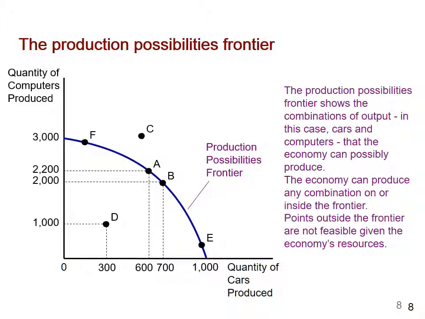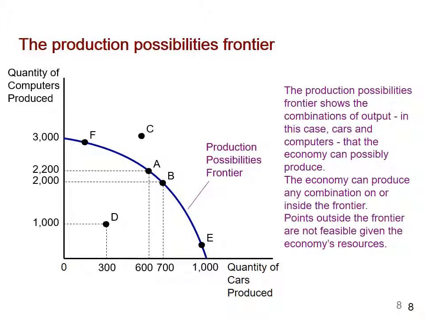Now consider a point D. Point D is below the PPF. At point D, the country is living below its potential. It is not utilizing its resources, it may not be employing the best technology, and is thus producing less. A point like C is beyond the PPF.